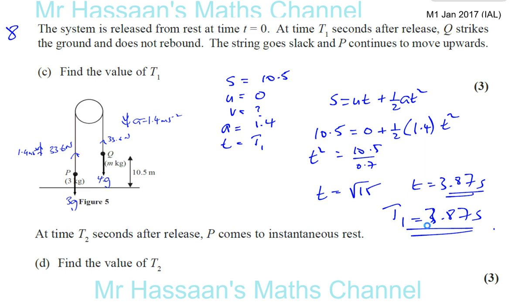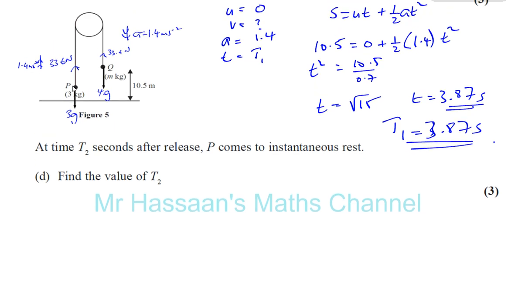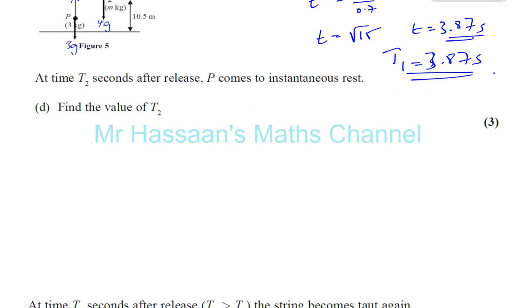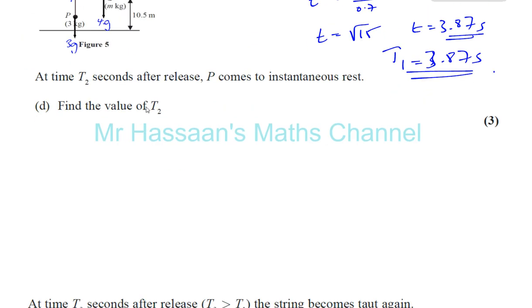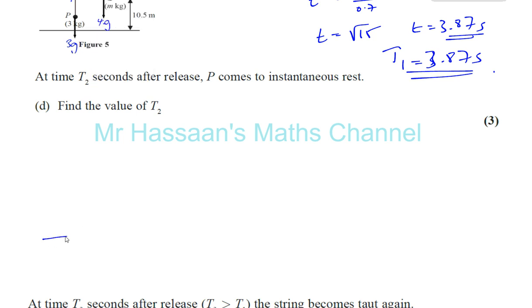There's the answer for T1. Now for part D, it says at time T2 seconds after release, P comes to instantaneous rest. So basically P is undergoing two different situations. First, P is being pulled up.